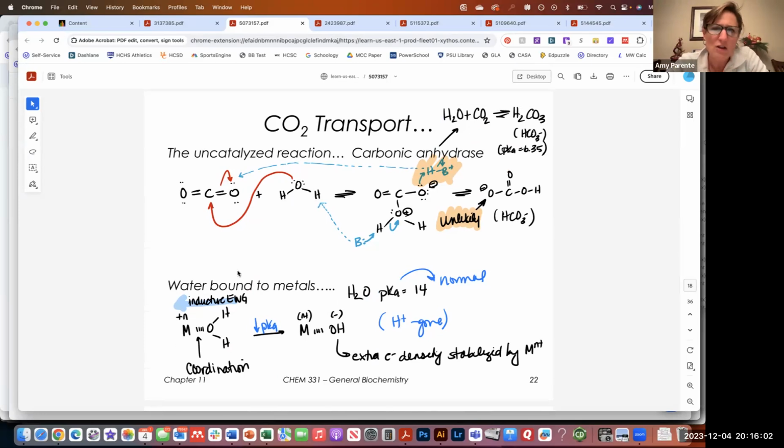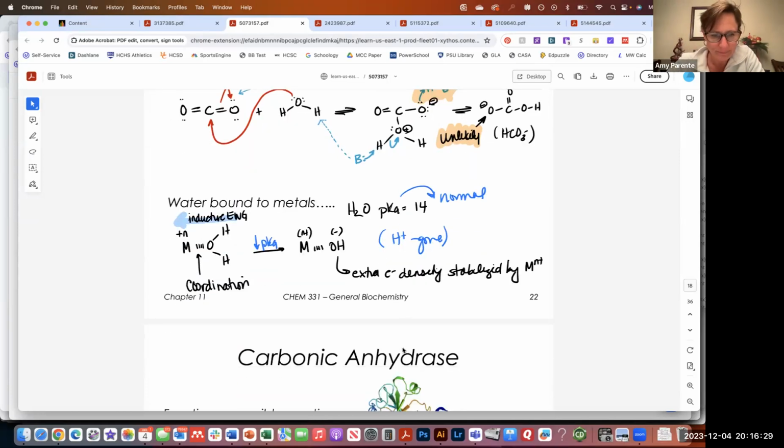Specifically because we didn't talk about carbonic anhydrase, I do want you to understand this concept of metal binding water, and that inductive electron withdrawal when we have coordination of water to metal ions is what actually makes it more acidic. You probably learned this in general chemistry. If you don't remember, that's okay. But when you have a highly charged metal in water, it'll actually make that solution acidic.